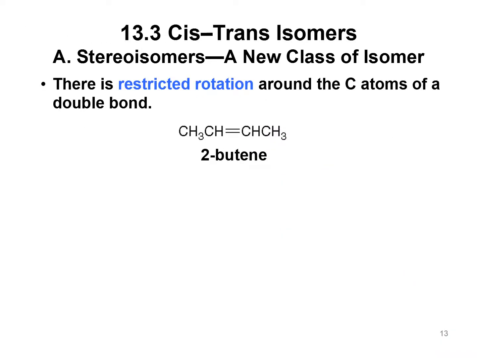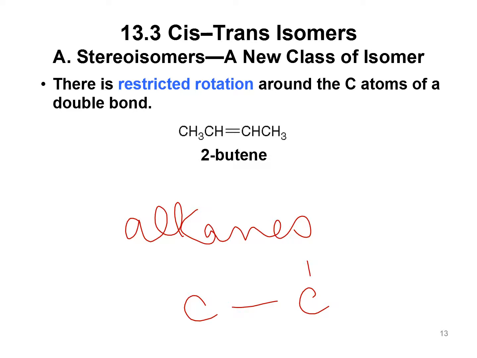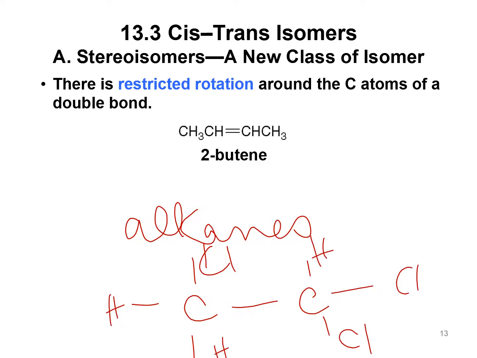The big difference between alkenes and alkanes is the fact that with alkanes, you had rotation around the single bond. So you could have a Cl here, for example, another Cl here, and these would flip or rotate freely.